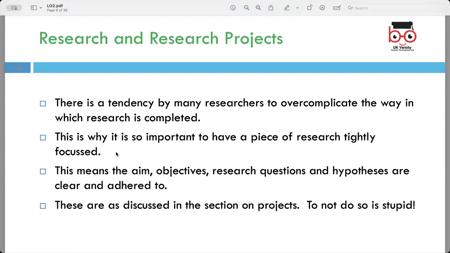You must be clear about your aim, objectives, research questions, and any hypothesis if you are using them. These are the guiding pillars of your project. When you have set them, stick to them. If you change your focus halfway through, you risk confusing your work and your analysis.